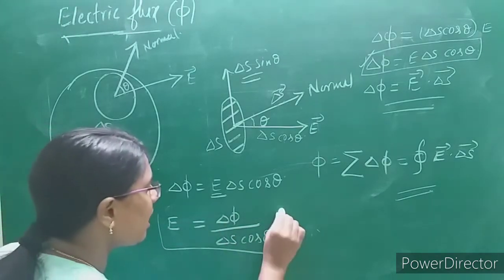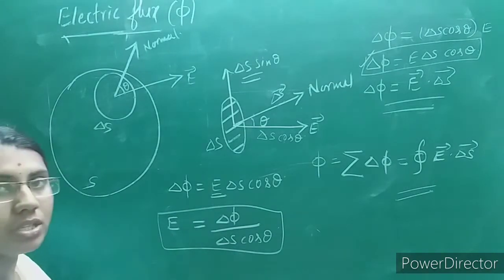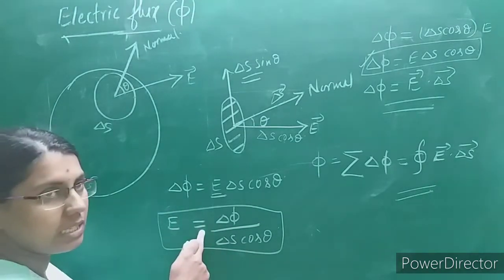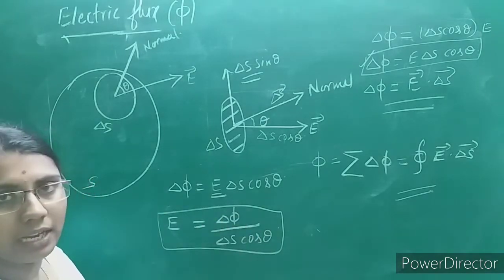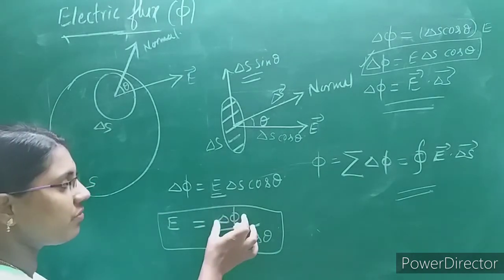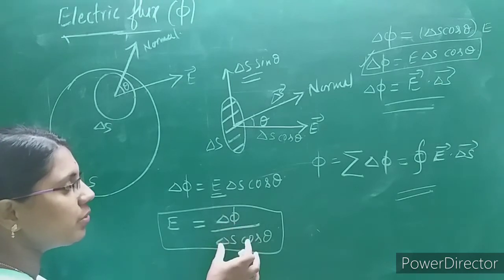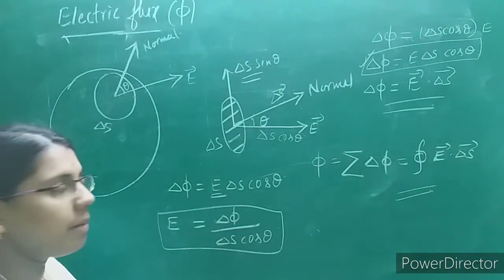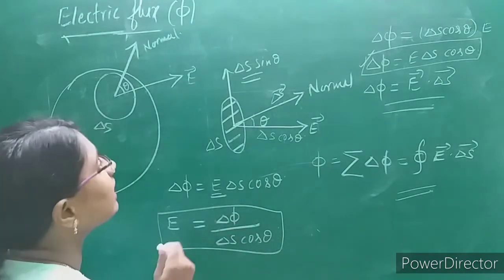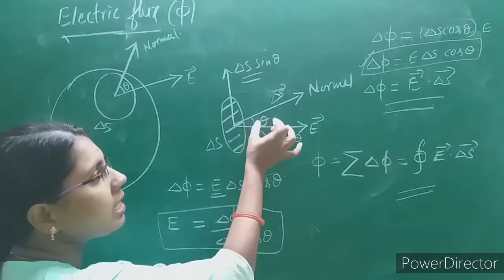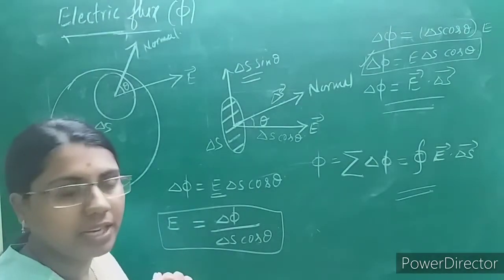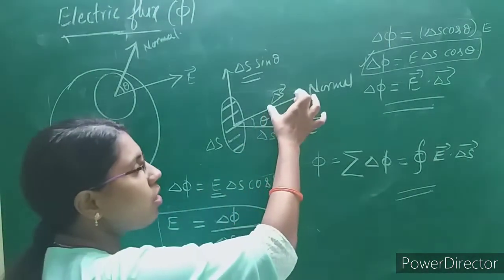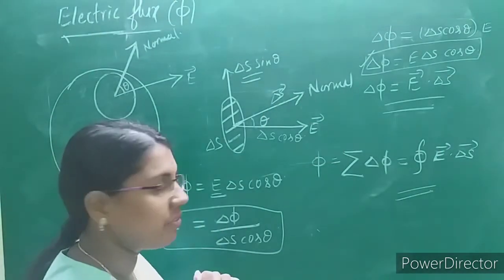That means electric field can also be defined as the flux per unit normal area, the electric flux per unit normal area. Here theta is the angle between the area vector and the field vector, that is, the angle between the normal and the direction of electric field.